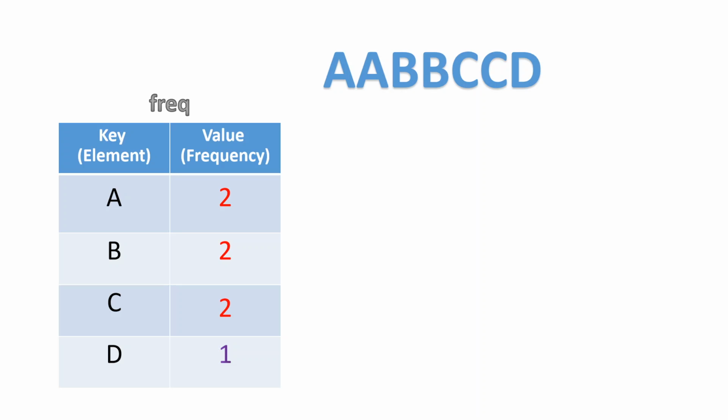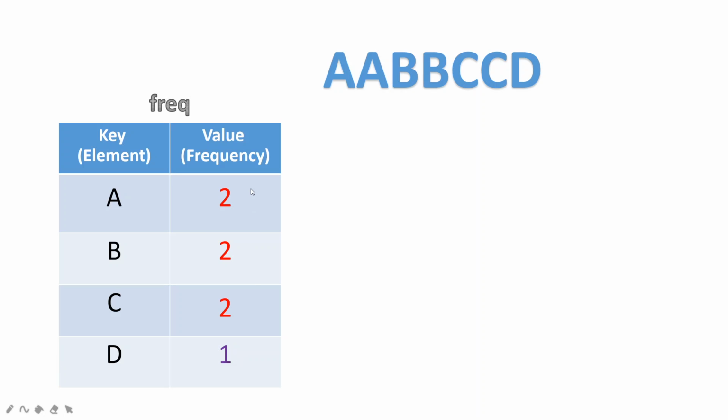But there's a problem. Since we need to figure out the element that, after removing, the resultant array will have equal frequency, we have to make sure that the rest of the frequencies are equal and we have a separate individual frequency element which we can rule out, like over here.